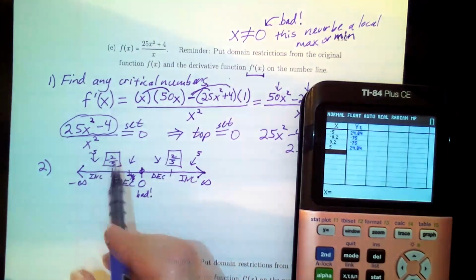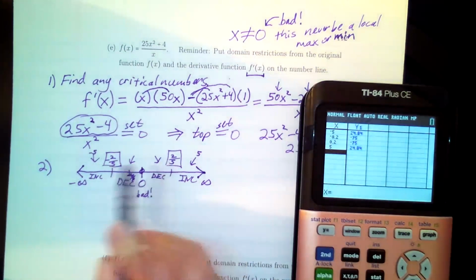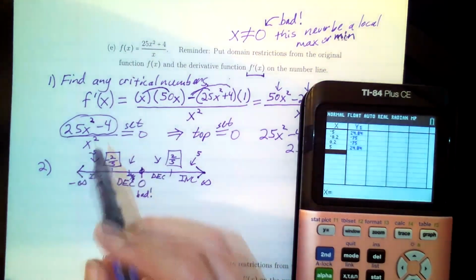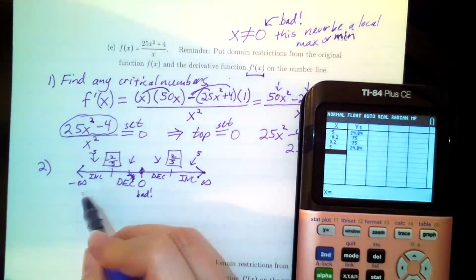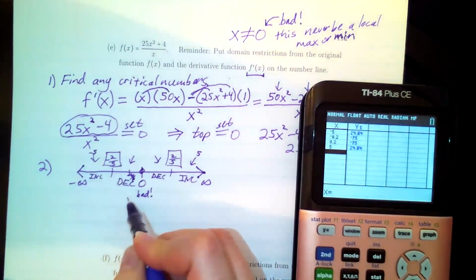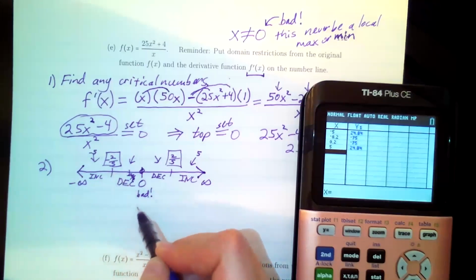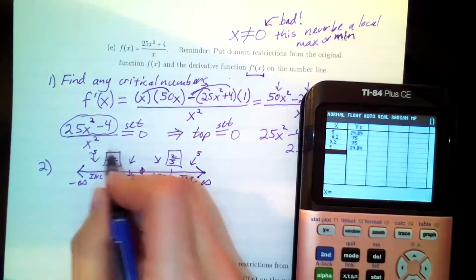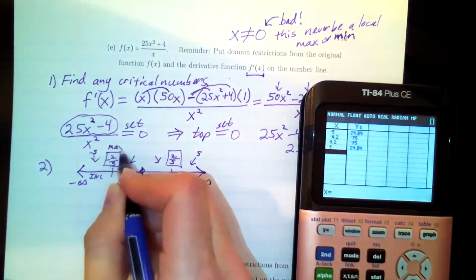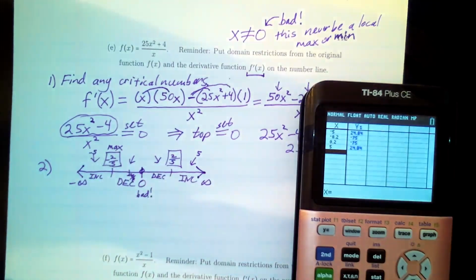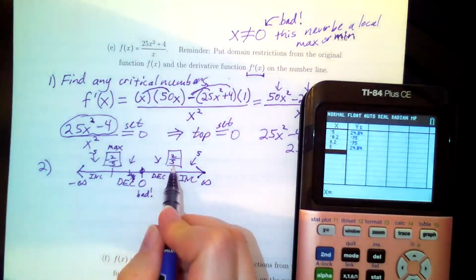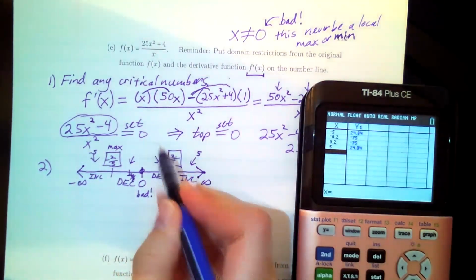All right, my two candidates. What's going on there? We have my function is increasing and then decreasing on either side of negative 2/5. It's going up first and then it turns around and goes back down. So that means that this fellow there has to correspond to a local max. If I scooch over here to 2/5, my function is going down.